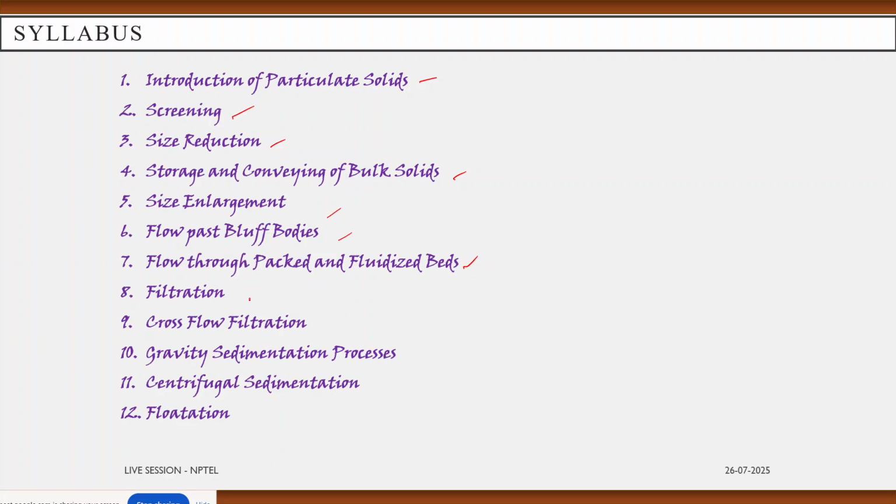Then we'll be discussing filtration and cross-flow filtration, gravity sedimentation process, centrifugal sedimentation, and flotation. So on these 12 topics we'll be covering over the live sessions. And the first topic we're going to discuss in this live session is particulate solids. So moving onwards, we will be discussing a little bit of background.